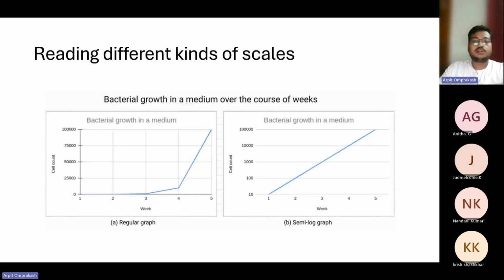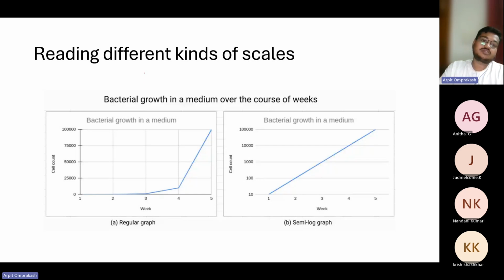So next, I talked about how we can read different kinds of scale. For example, these two graphs are showing the same thing, which is the growth of bacteria in a medium. On the left-hand side, we have a regular graph where time is on a linear scale, and the number of cells is also on a linear scale. We see that the growth of cells is non-linear because it increases slowly, but after a point, it starts increasing quite fast.